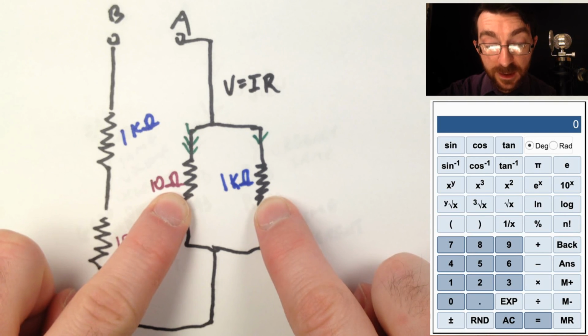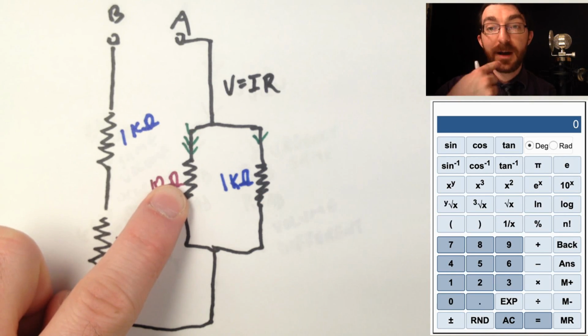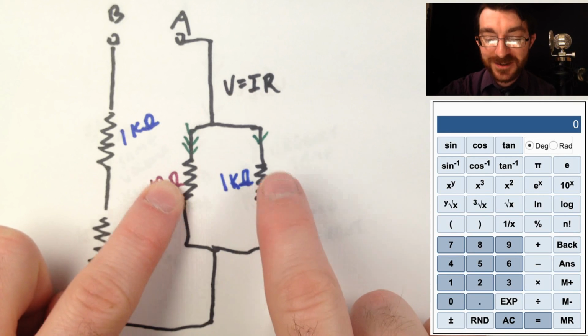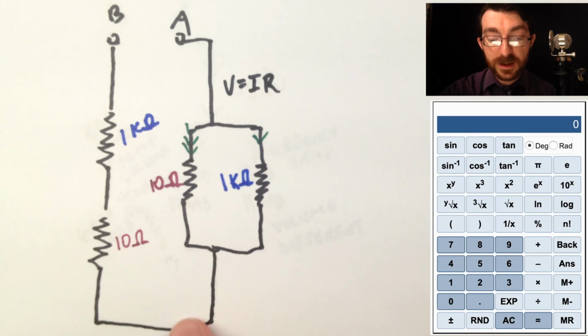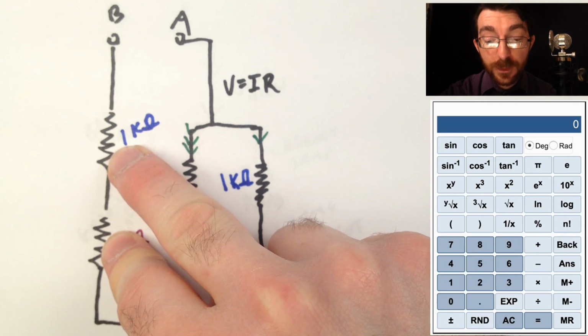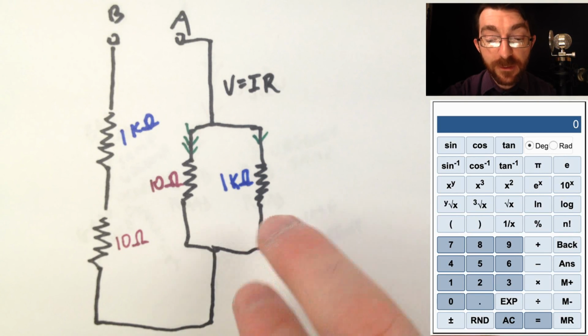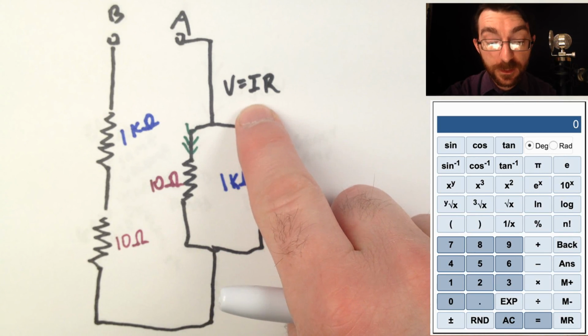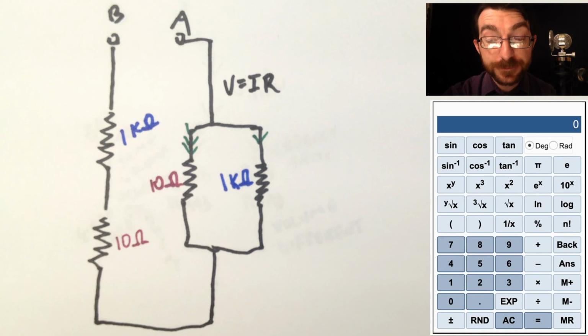I'm just trying to lay down the concept. V will be the same, I will be different. That's not I mean I. So V will be the same, current will be different. Okay, now let's move on down here. These two have different values for R, but since they're in series, they will have the same current, the same I, but the V will be different.